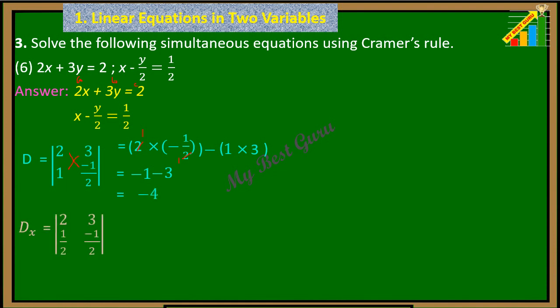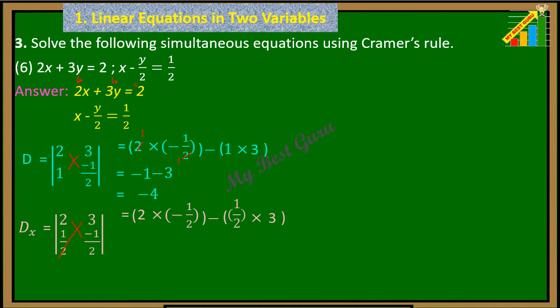Now Dx. So for Dx we have to take c and b. So the coefficients of c are 2 and 1 by 2, and here 3 and minus 1 by 2. Now cross multiply these two. So it is equal to 2 multiplied by minus 1 by 2 minus 3 multiplied by 1 by 2.